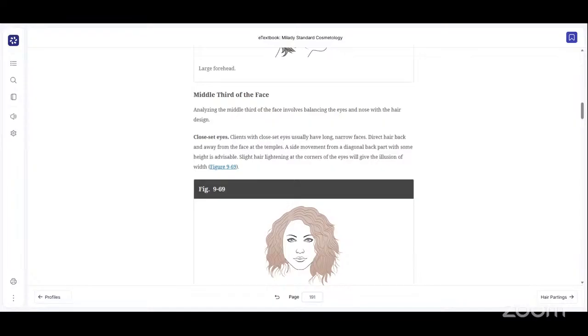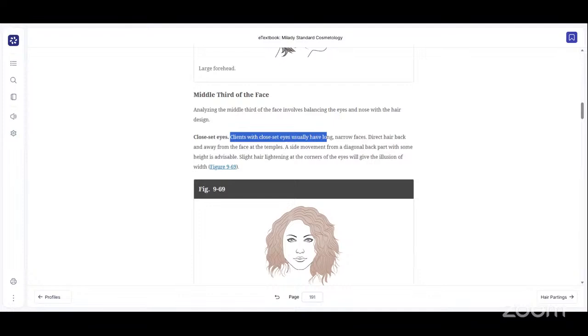Anytime you can get 4 fingers in there, you have a wide set eye. Wide set eyes are also going to equal larger foreheads or wider facial shapes, such as a square or an oblong. Also, a round face could contribute to wide set eyes.